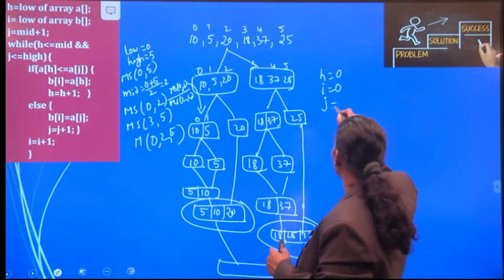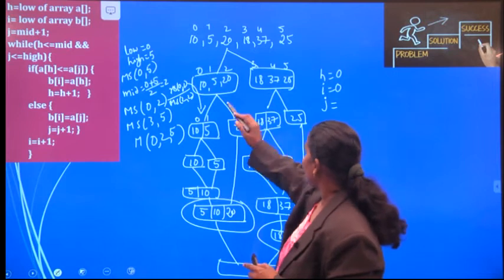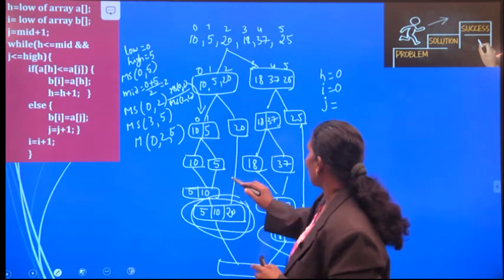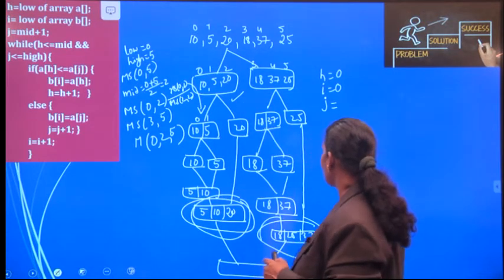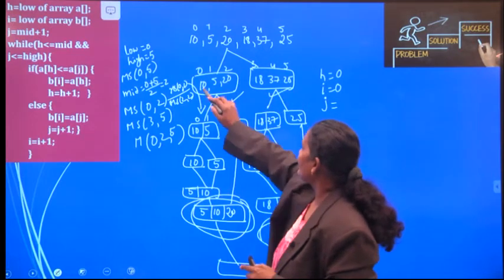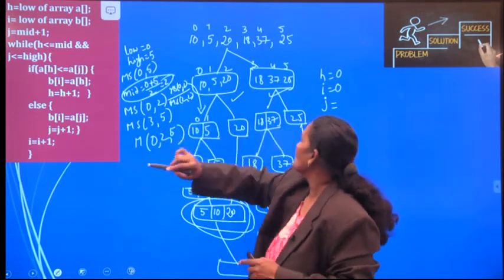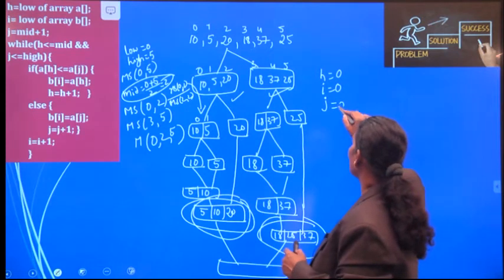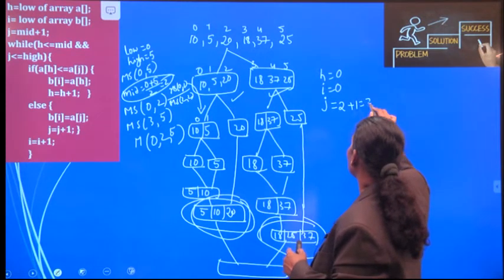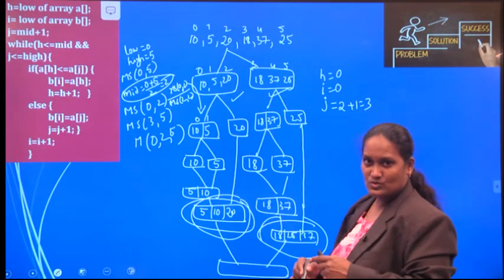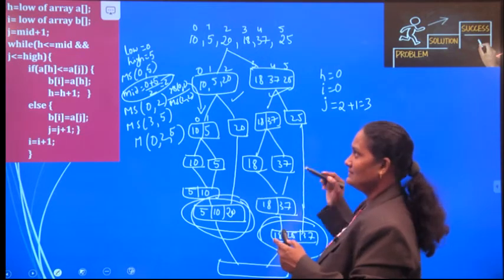J is equal to mid plus 1. Here, this is the sorted subarray of this one, and this is the sorted subarray of this one. What is the mid value? 2. So, J is equal to mid plus 1, which is nothing but 3.